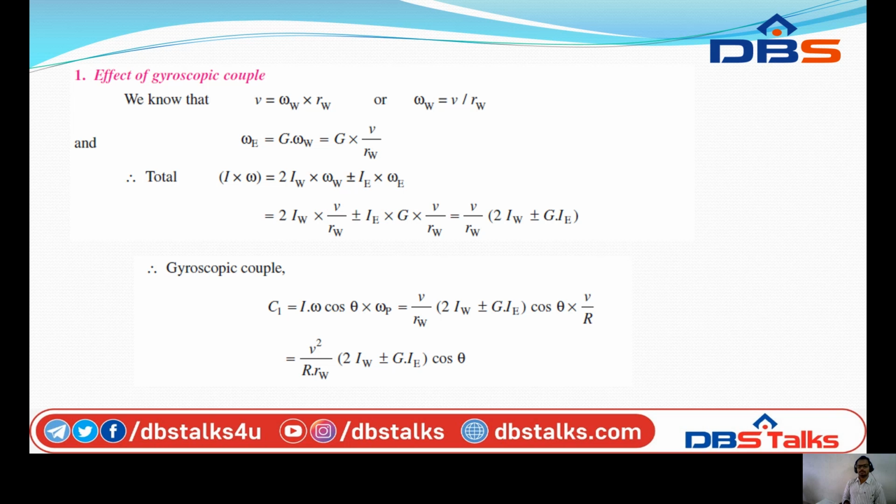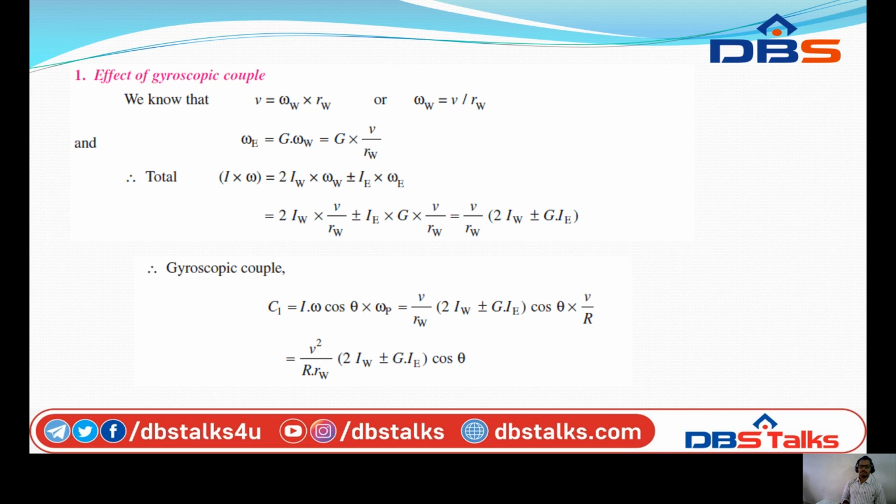By substituting, 2IW into V by RW plus or minus IE into G into V by RW, we finally get V by RW into 2IW plus or minus G into IE. And the velocity of precession is omega P, that is V by R, where R is the radius of curvature.